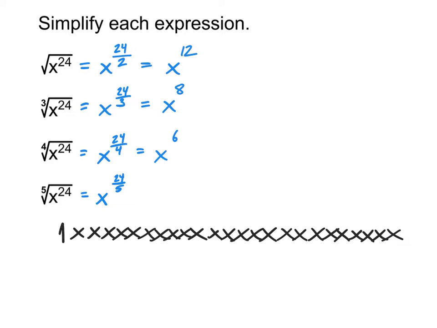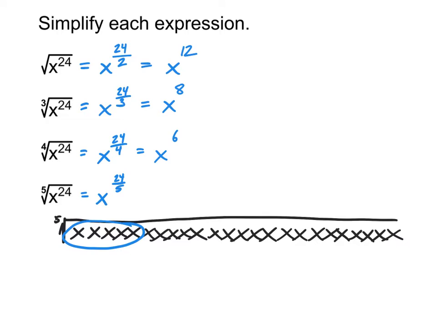We are looking for the fifth root of that. If I want to know the fifth root, I am circling how many sets of 5 I can pull out of this. Because what is the fifth root of x to the fifth? Just x.